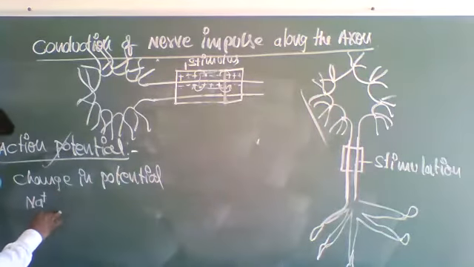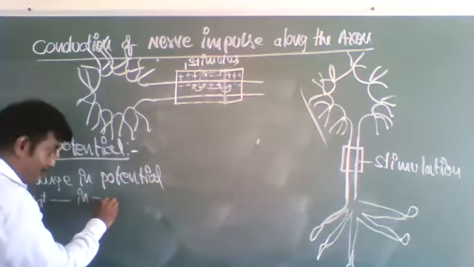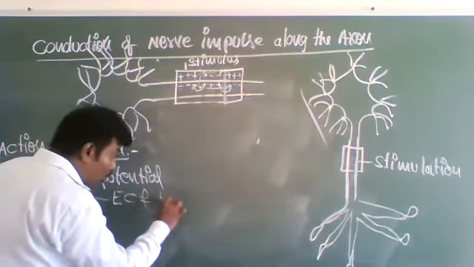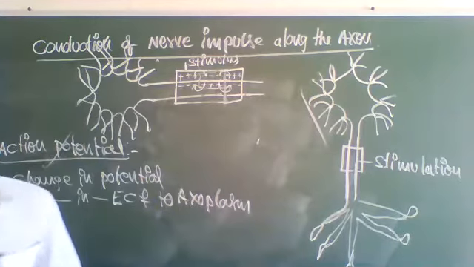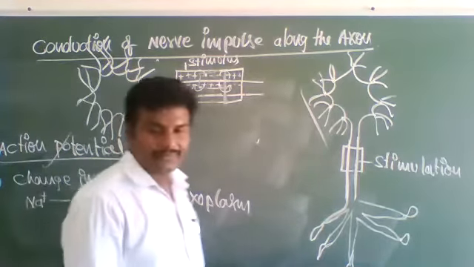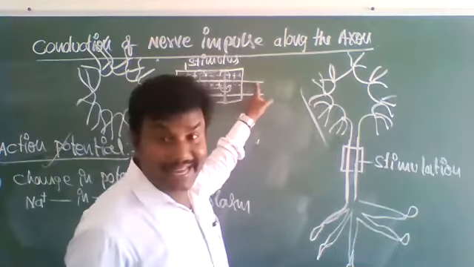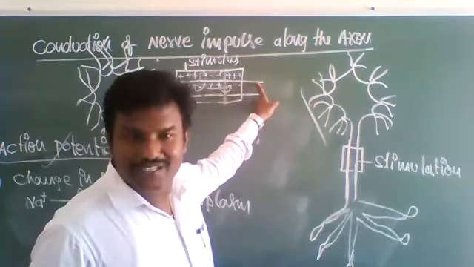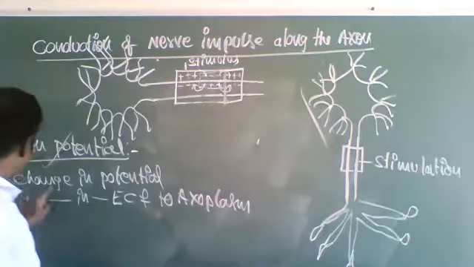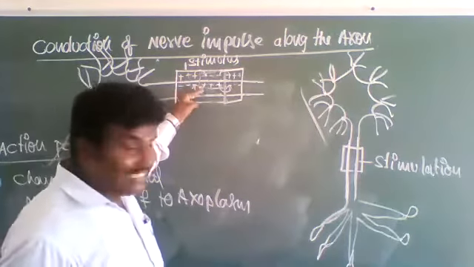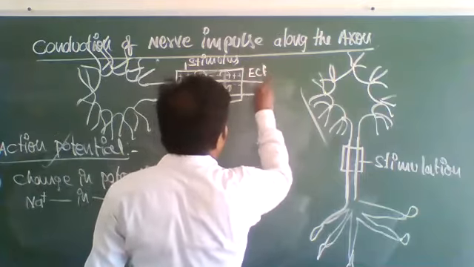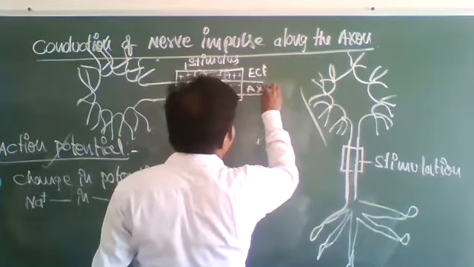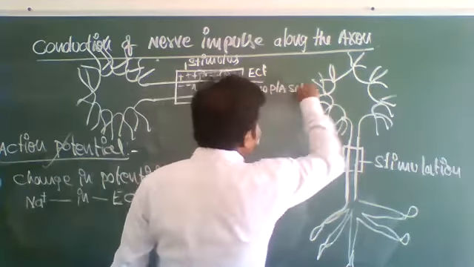More and more sodium ions enter from the extracellular fluid into the axoplasm. So the permeability of the membrane is changed. At that time, more and more sodium ions enter inside from the extracellular fluid to the axoplasm.